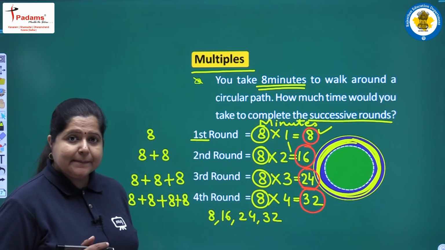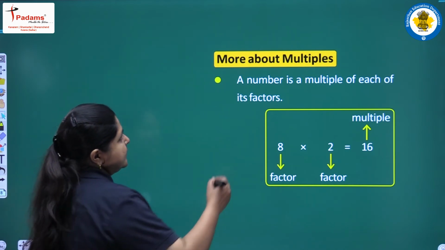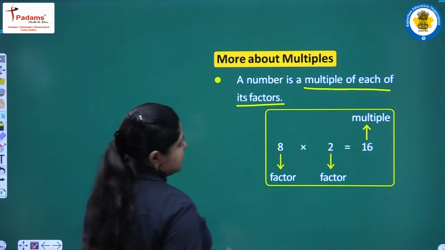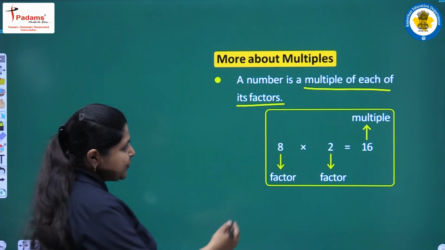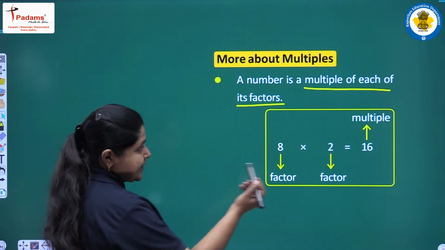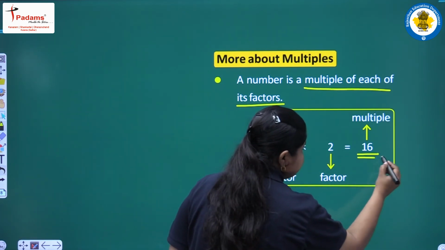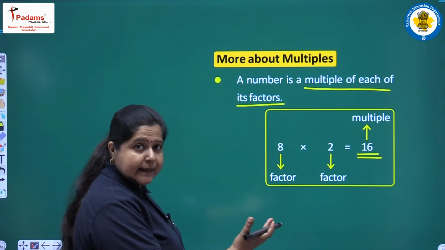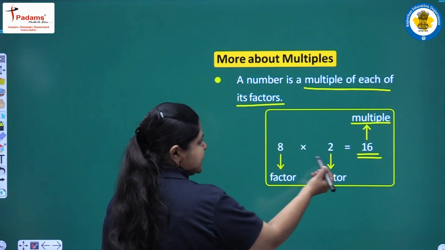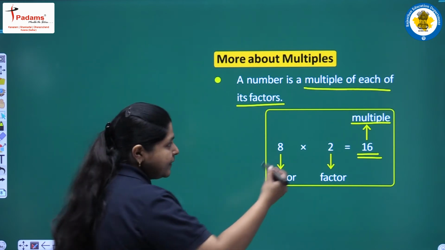So what is a multiple? A number is a multiple of each of its factors. Here you can see when we were multiplying 8 and 2, 8 2s are 16, then this answer that we get after multiplying is called the multiple, and these two numbers are called the factors of 16.